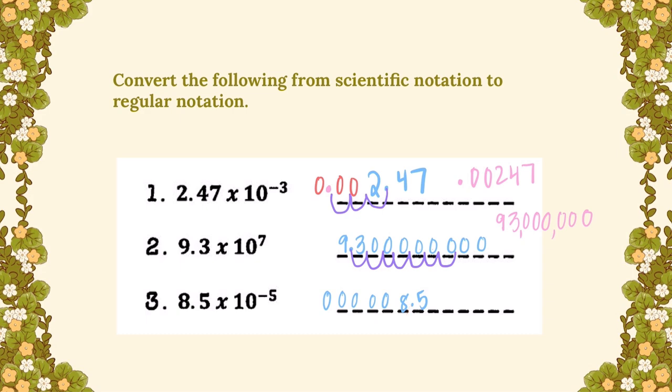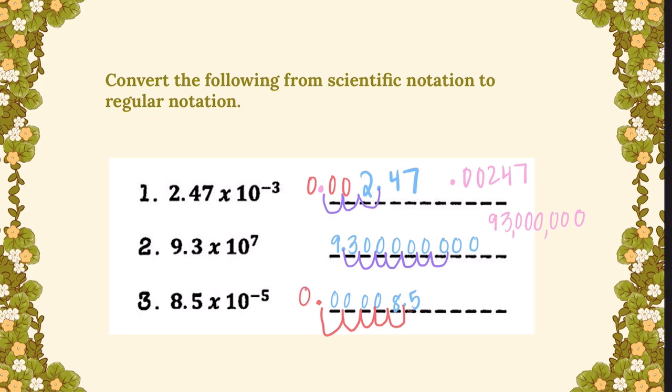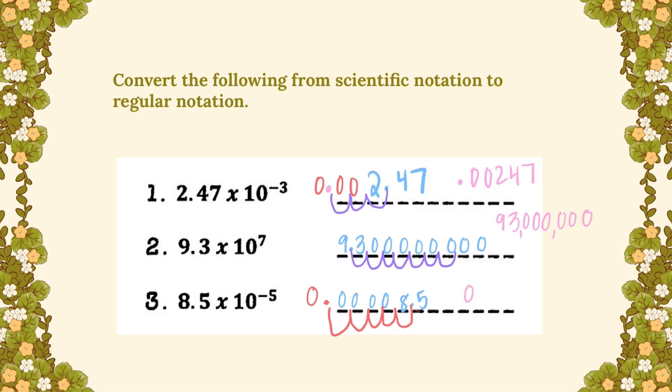Again, since it's negative, we're moving it back. 1, 2, 3, 4, 5. And so the new decimal is going to be right here. Let's add another 0 here. And so our new number is 0.00085.